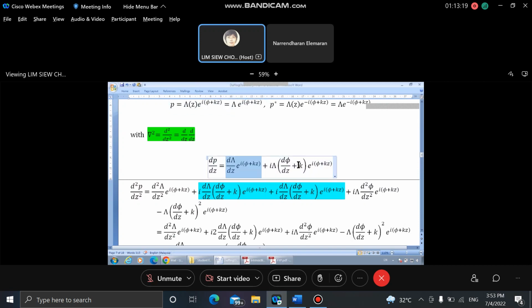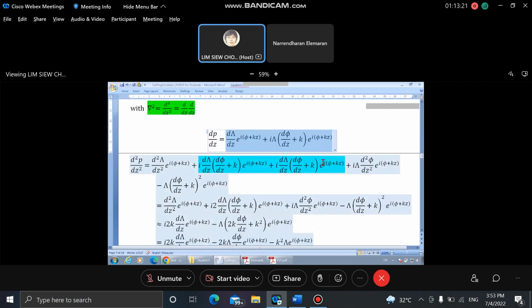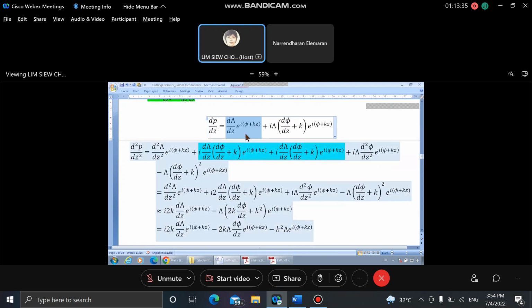You have two terms. So if you take the second z derivative, you take d over dz again on this result. This term will give you two terms. So first you fix this one, you have d2 gamma over dz squared. You fix this one. And the second, you fix this one, d gamma over dz.